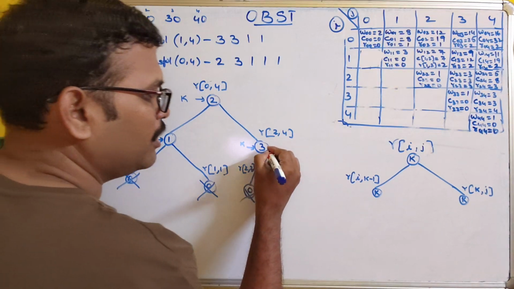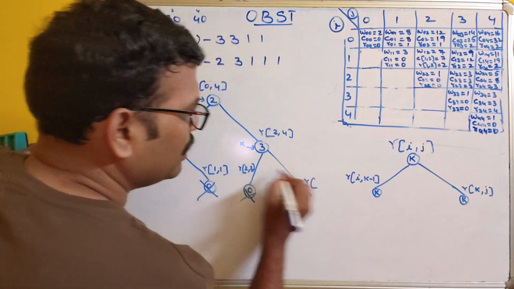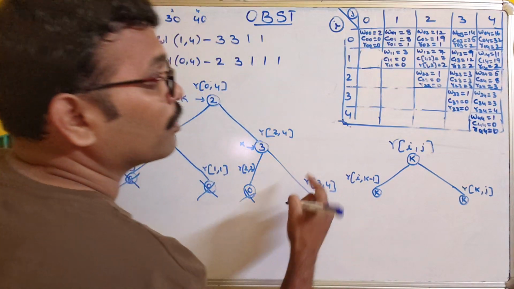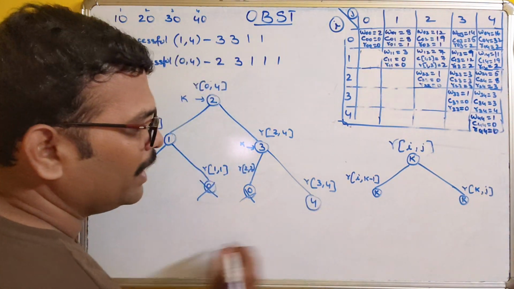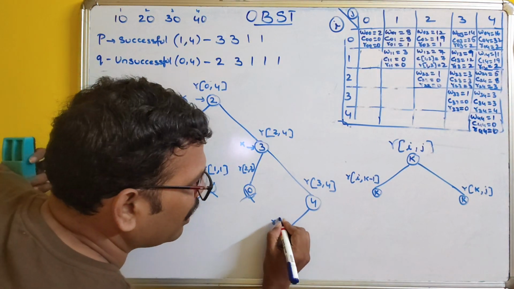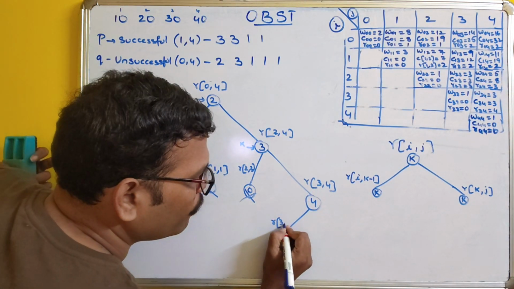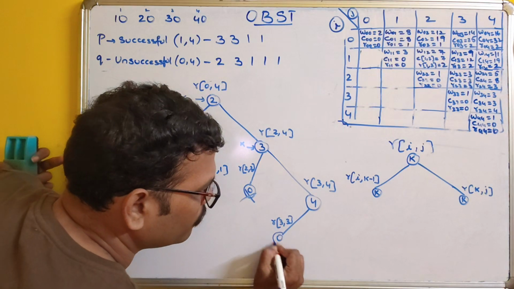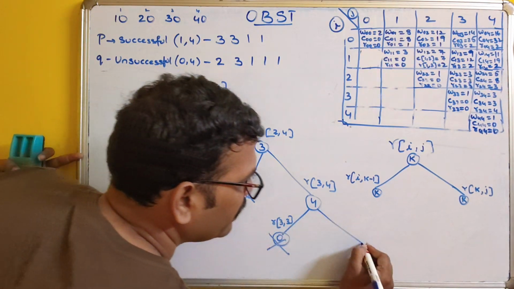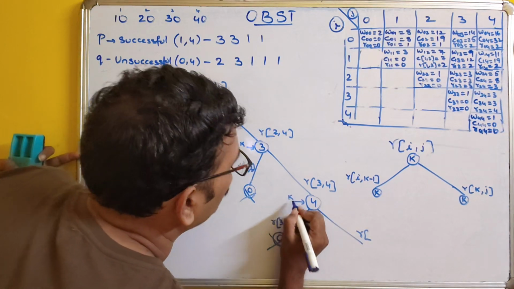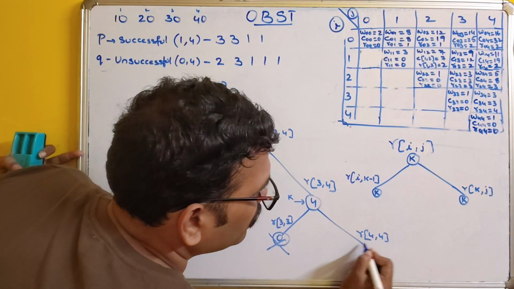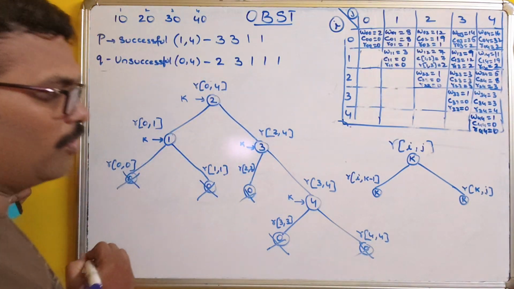Next, R of 3 comma 4. It is a 4, right? And here we need to consider R of 3 comma 4 minus 1, 3. It is 0. Should not consider. This one, R of k, k means 4. So 4 comma 4, which is 0. So that's no.